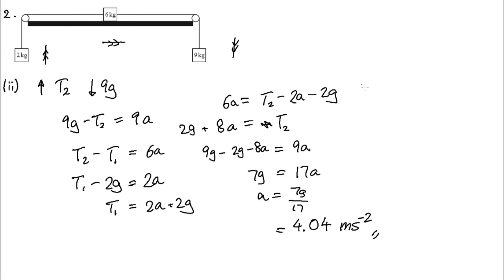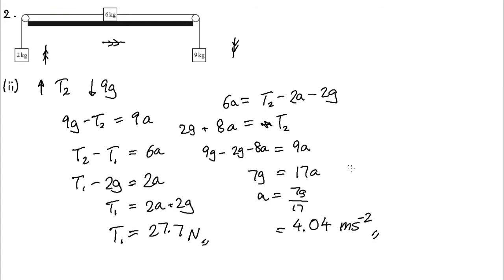Given that we have the acceleration, let's just use it. T1 is 2a plus 2g from this side of the equation. So T1 is whatever we got times 2 plus 2 times 9.8, which gives you 27.7 newtons.